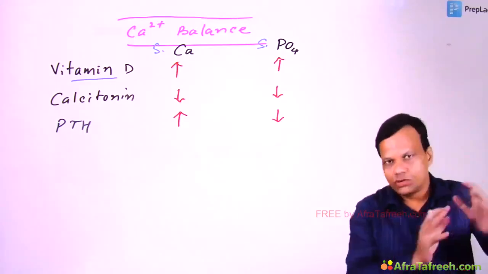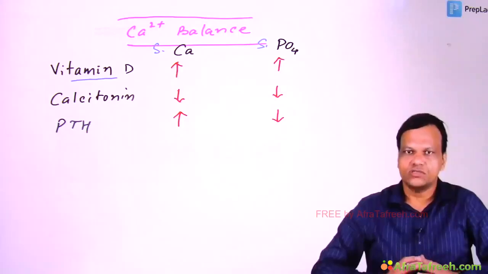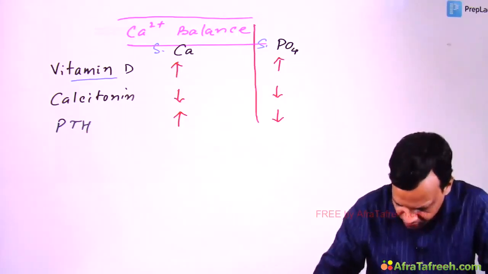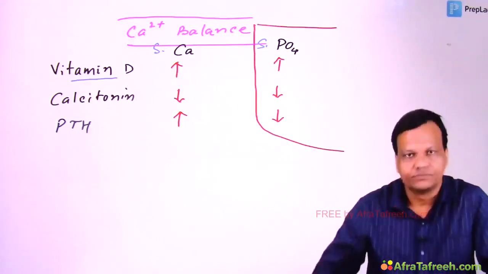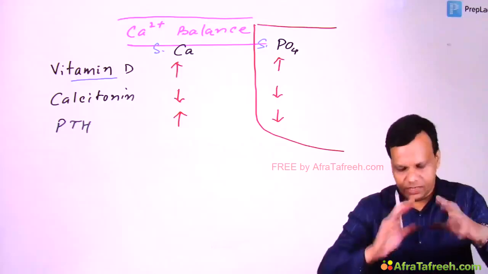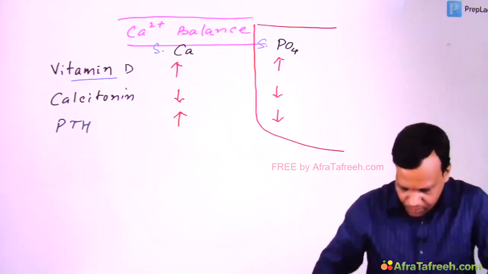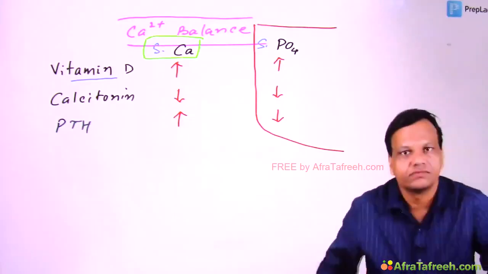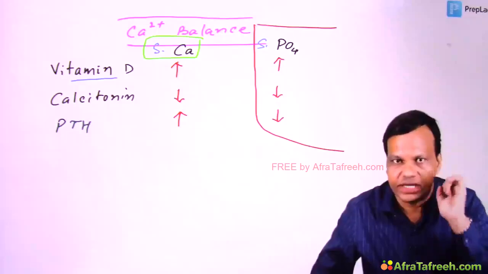Now, as we are going to discuss mainly osteoporosis, we are concerned with calcium. So, for the time being, we will forget the phosphate part and limit our discussion to calcium. But be very careful, we are talking about calcium at which place? It is in the blood, serum calcium.